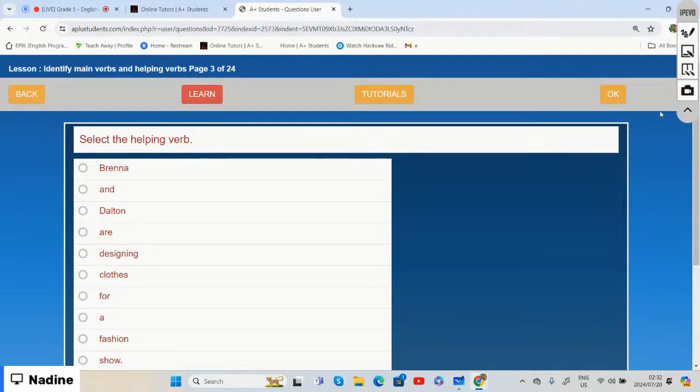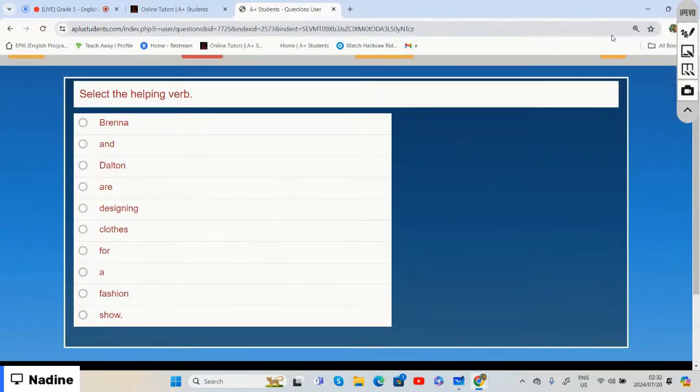All right, the next one says we need to select the helping verb. It says Brenna and Dalton are designing clothes for a fashion show.